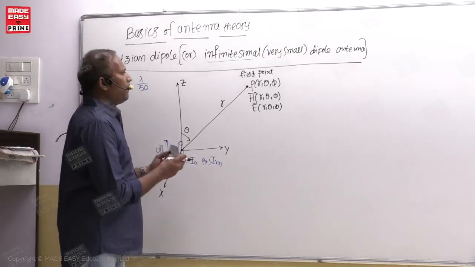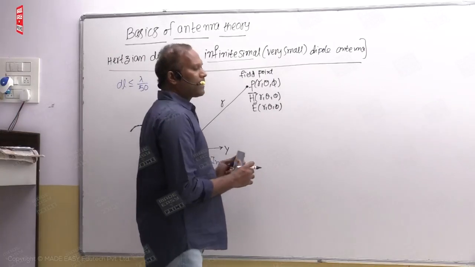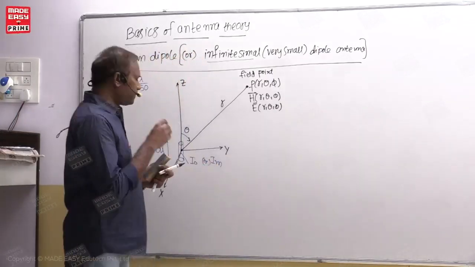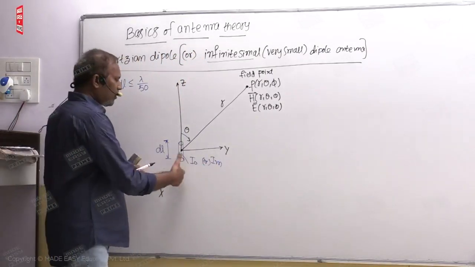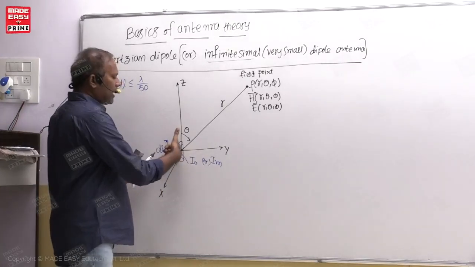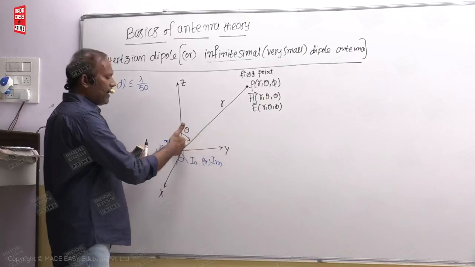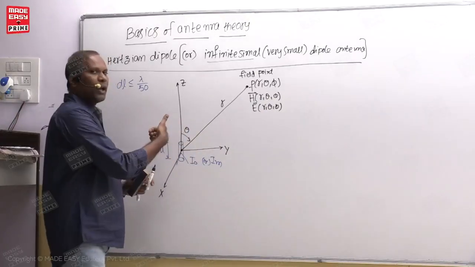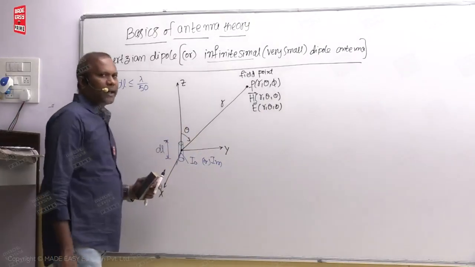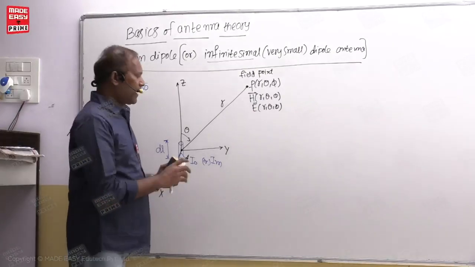That means the magnetic field has a phi component in this case. So if current goes in the z direction, then according to the right hand thumb rule, in the curled finger direction the magnetic field is there. That magnetic field is circular, horizontal circular, that is the phi direction. So H phi component is there here.